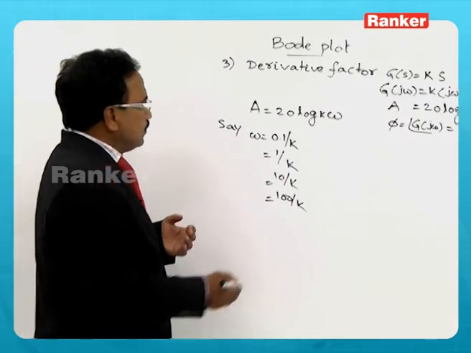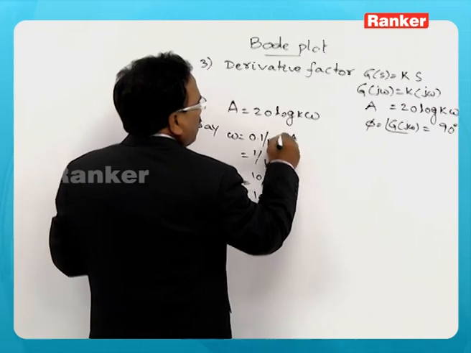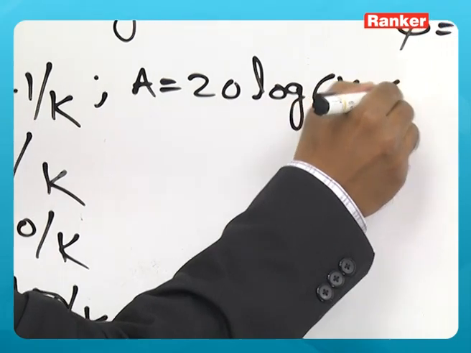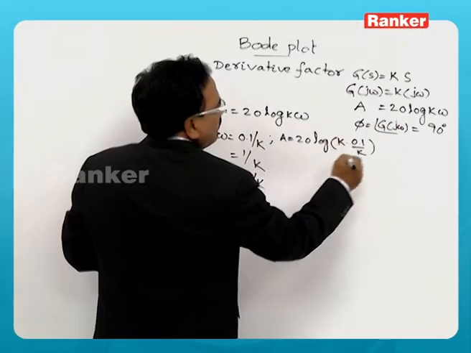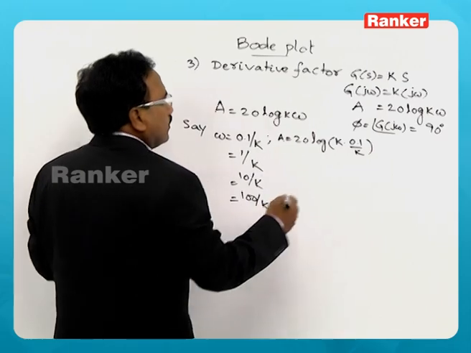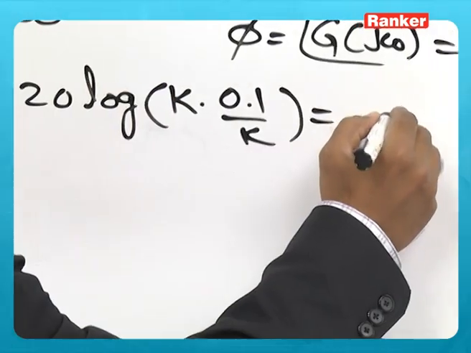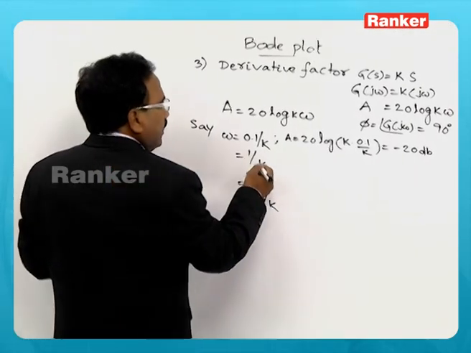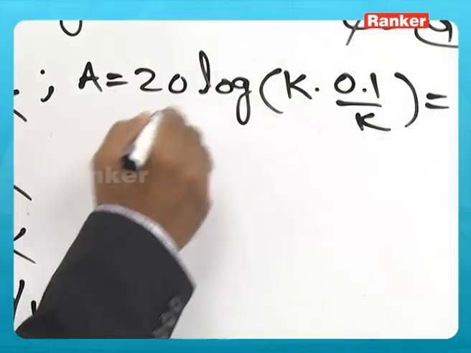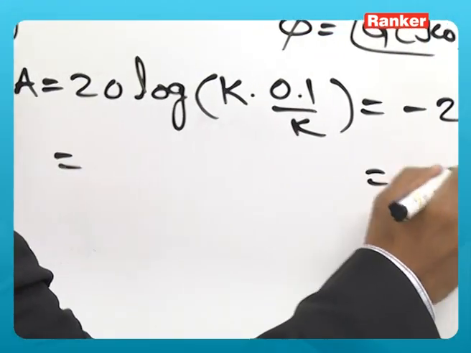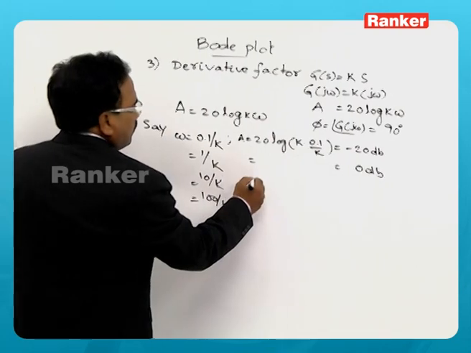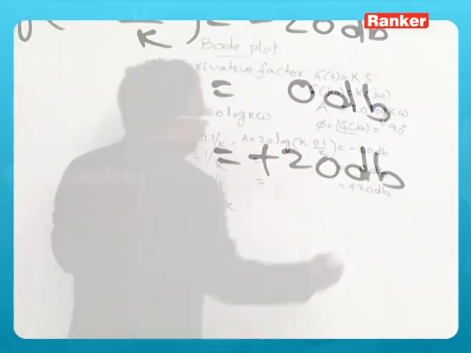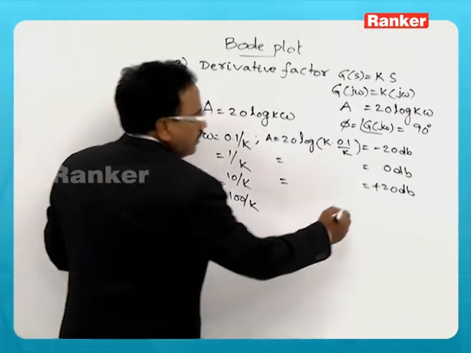When you substitute 0.1 by k, a is 20 log 0.1, so this will be minus 20 dB. Similarly, when you substitute 1 by k, you will have 0 dB, and when you substitute 10 by k, you have plus 20 dB, and if you substitute 100 by k, you will have plus 40 dB.